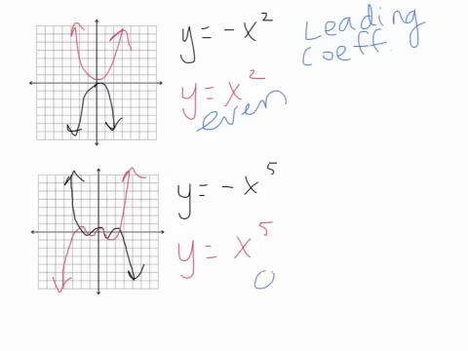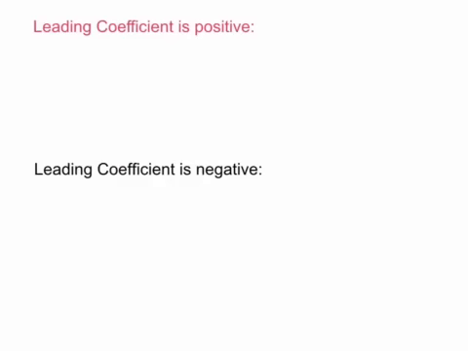But for the odd degree polynomials, it's still reflected, but it changes the end behavior. So if it's positive, it starts from negative infinity and ends up positive. But if it's negative, it starts positive and goes towards negative. So let's talk about that here.